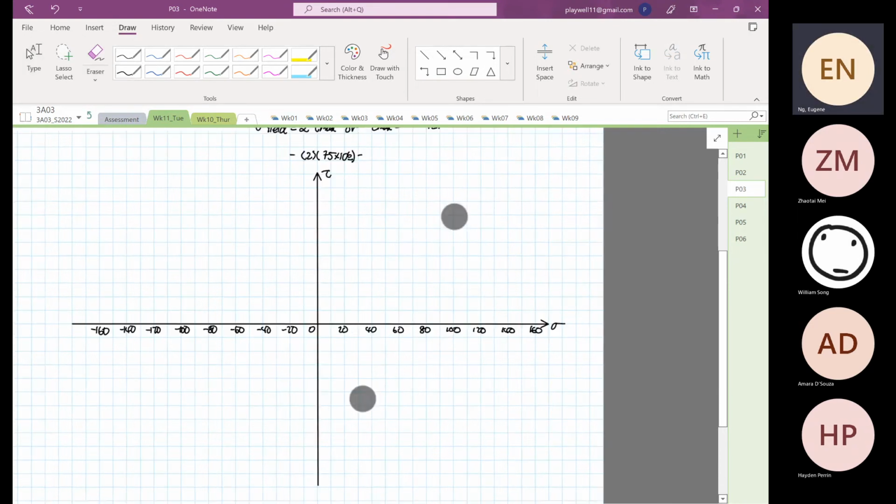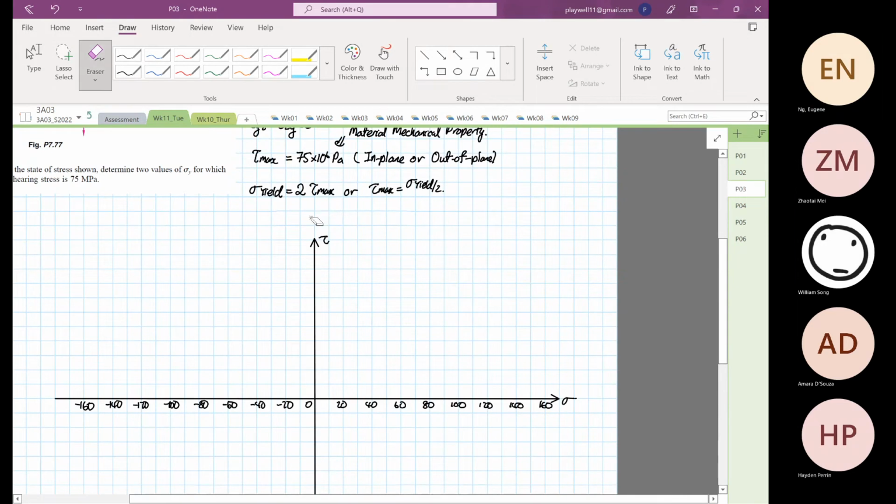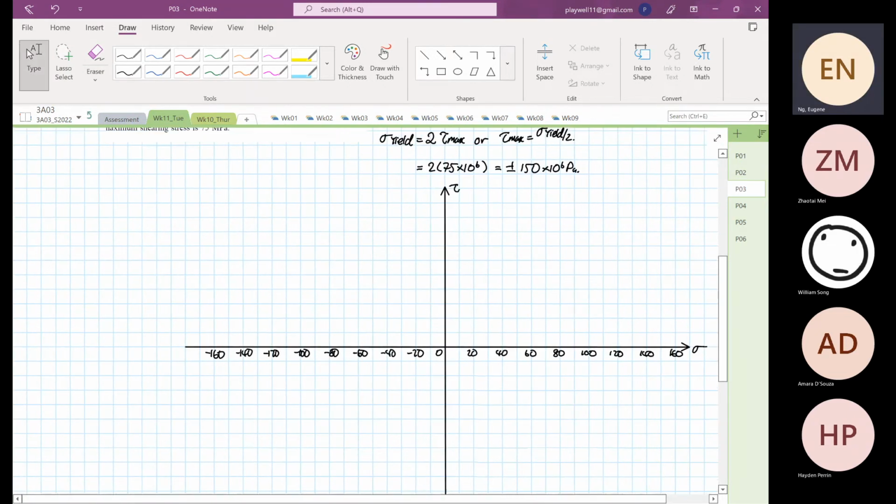So let me rewrite this, times 10 to the power 6. If there's any question, just ask me, okay? Don't keep quiet. So minus 180, 200, 220.